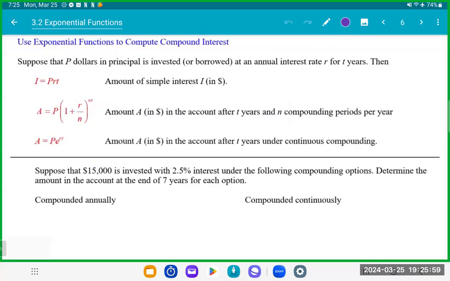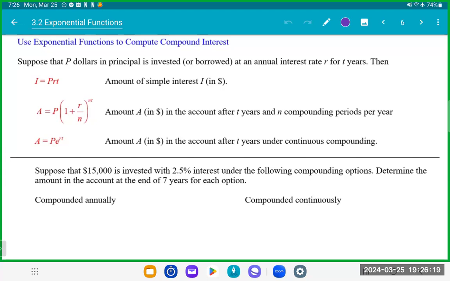Okay, so we can use this to calculate interest, right? So we can do simple interest, which is my principal times my rate times my time. That's simple interest. It doesn't compound or anything like that.